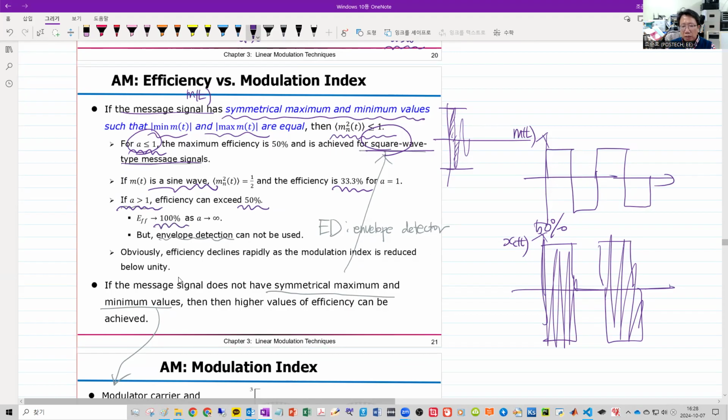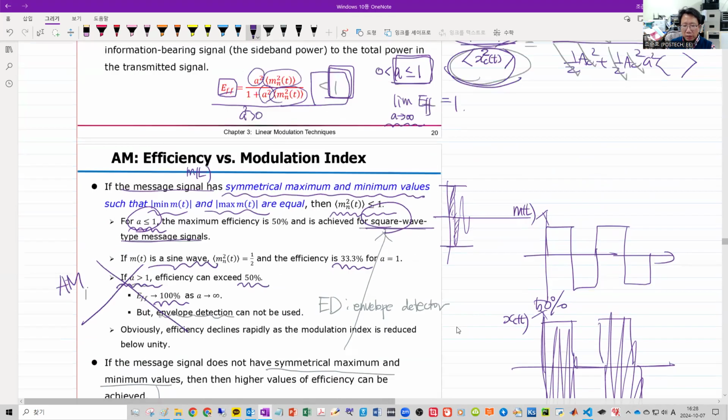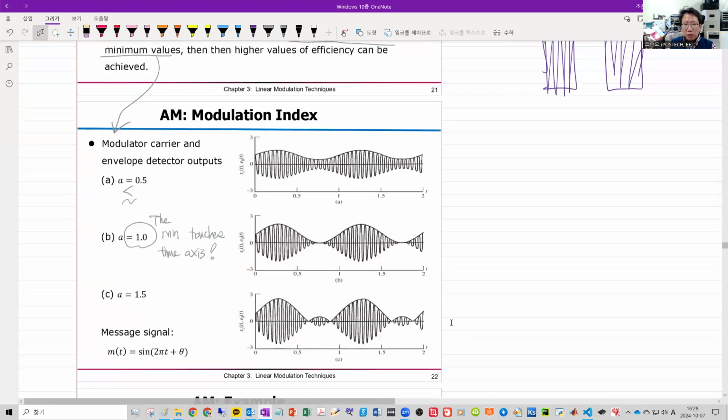The problem is that A greater than 1 violates our assumption of AM, the definition of AM modulation. In that case, we cannot use envelope detection. And you may ask, why? Let's see. Here is the case where we have a slowly varying sinusoidal message signal. So the message signal is something like this, and m(t) is here.